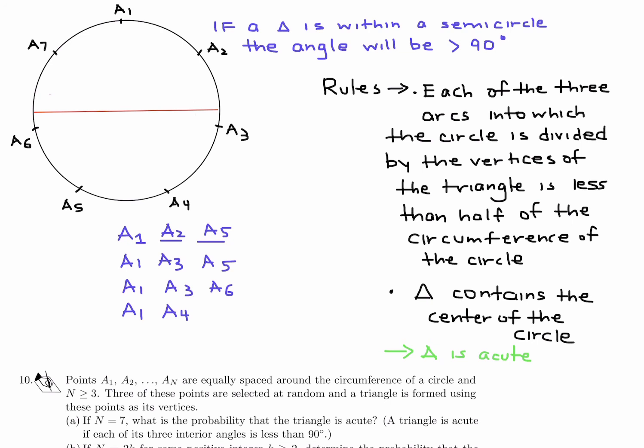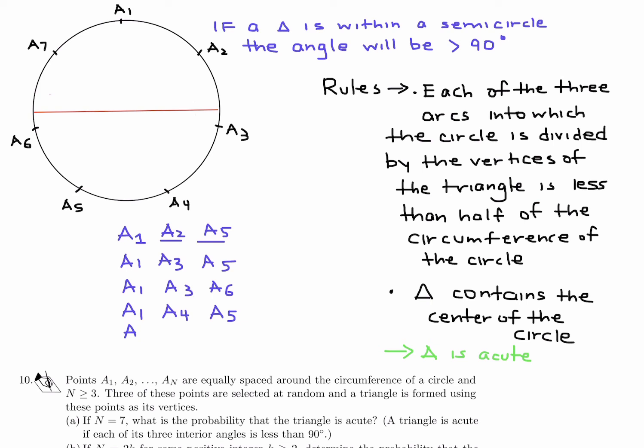We can only move forward, right? So this one, let's see. Can it be an A5? Well, let's draw it in, A1, A4, A5. And yes, that definitely works. It will satisfy both of those rules. I don't have to keep trying to justify and explain both rules to you. By now you get it, right? So that one works.